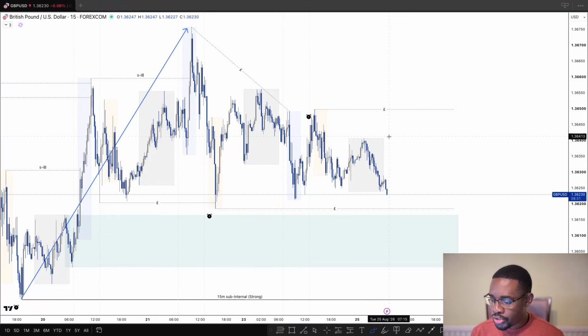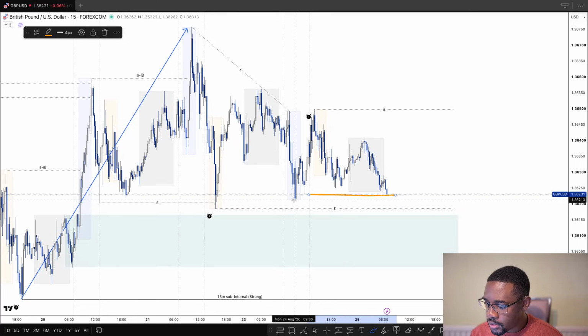So my expectation though would be that right now we are taking these lows. Okay, so if these lows go right now, it's 9 minutes to 7, so it's an hour early before London Open.